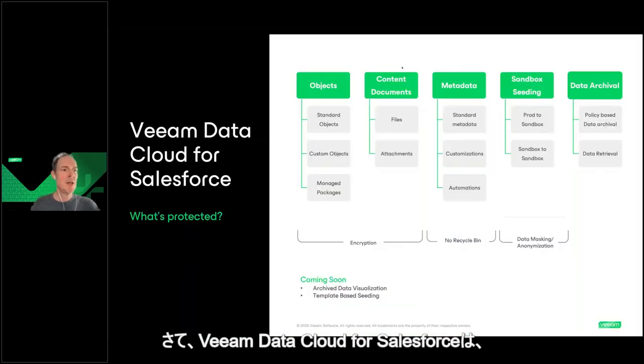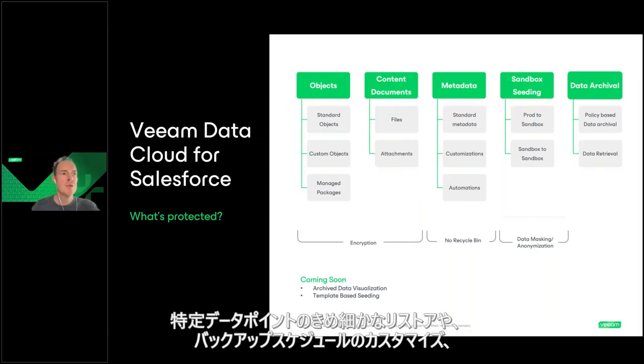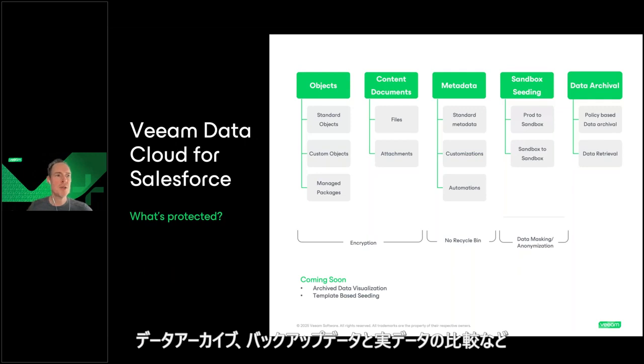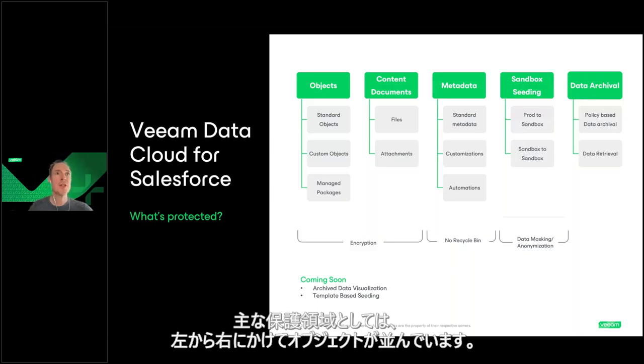Now, next up, Veeam Data Cloud for Salesforce protects your Salesforce data, metadata, and files, and it allows for granular restore of specific data points and offers features like customizable backup schedules, data archiving, and the ability to compare versions of backed up data with live data. Some of the key areas of protection, reading from left to right, include objects.